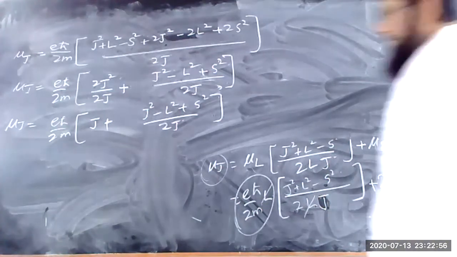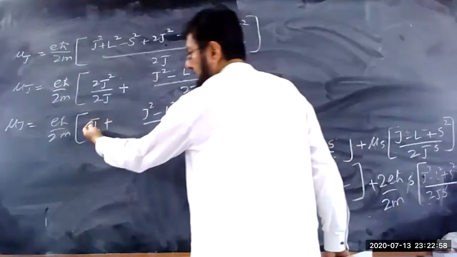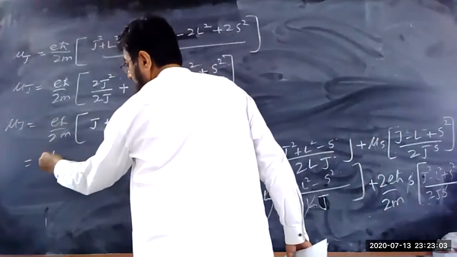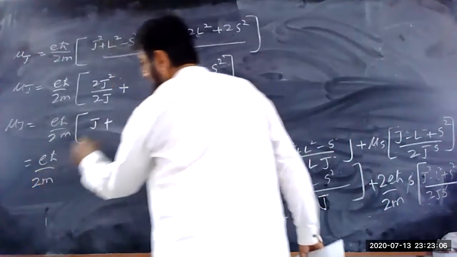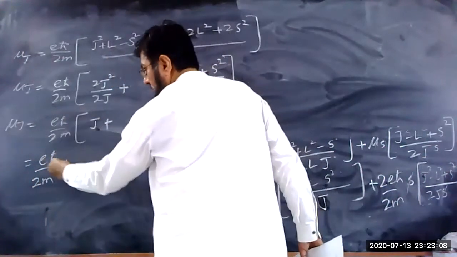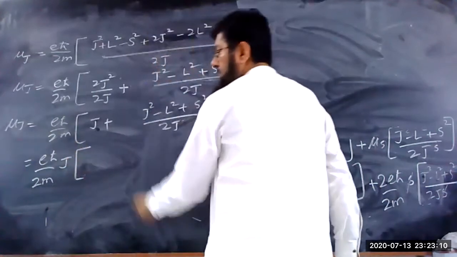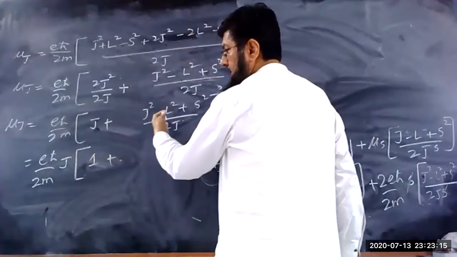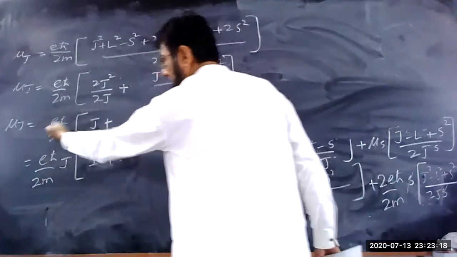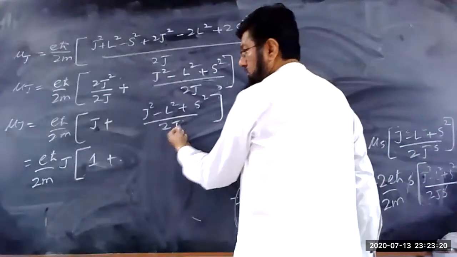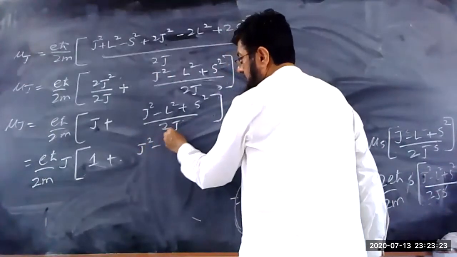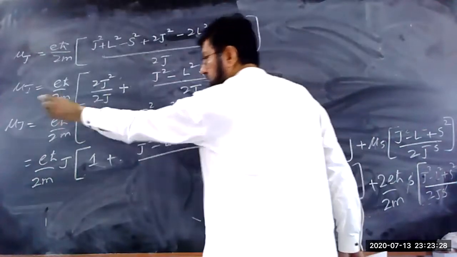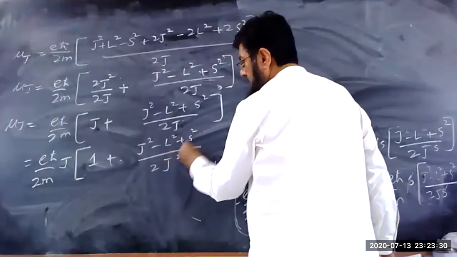Now if we take a J common from this equation, we can write e h cut over 2m and take J out of the bracket. When we take it out, we have 1 plus, and the J which is taken common makes this J square minus L square plus S square. Here only J is taken out, so this becomes 2J square.